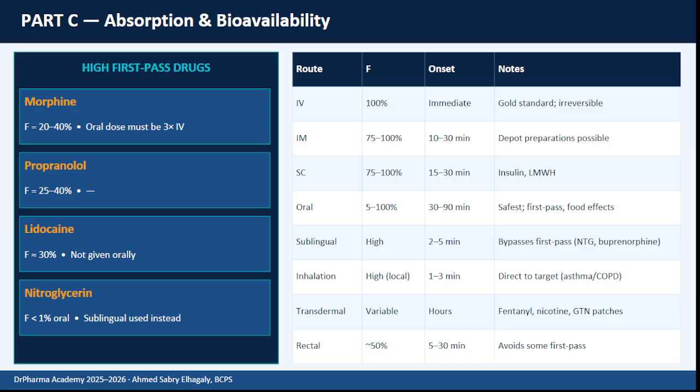And we will discuss this when we talk about the psychiatric and anti-seizure neuro medications. We will see the difference in bioavailability and how we apply this in practice, especially to manage conditions like seizure.